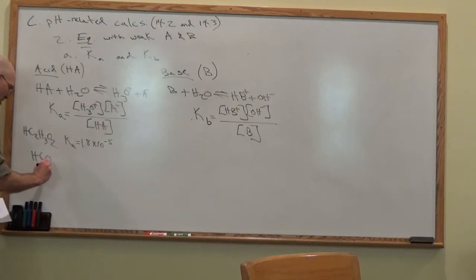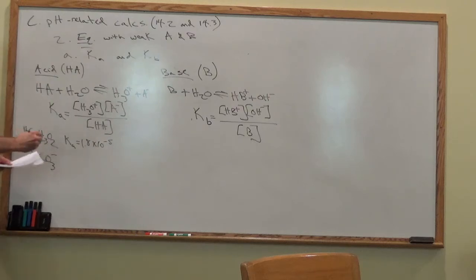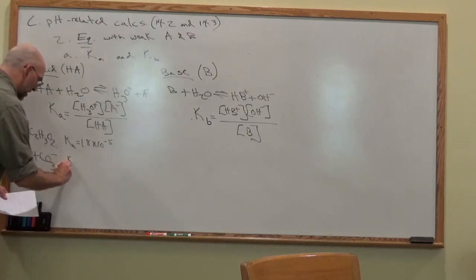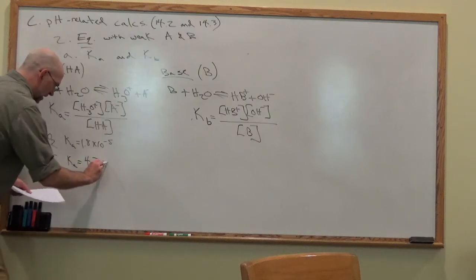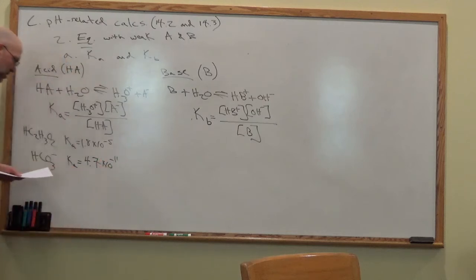For bicarbonate, this one may take a little bit to find because bicarbonate can be an acid or a base, but make sure you can find this one because you actually find two values listed for this. So for bicarbonate, you'll find Ka is 4.7 times 10 to the minus 11.